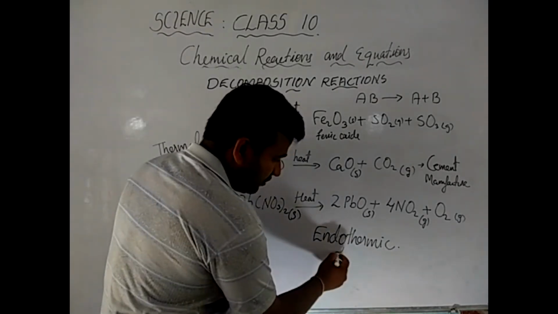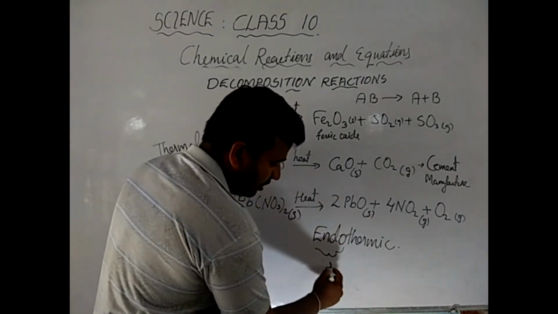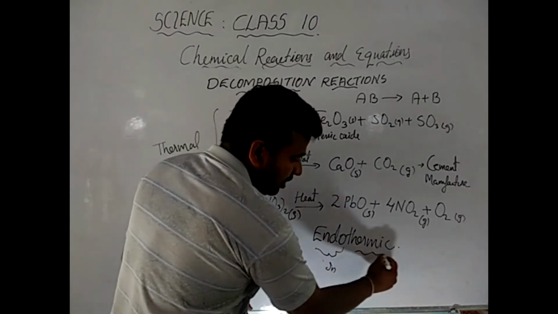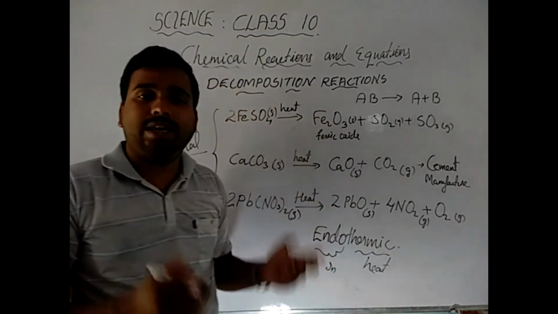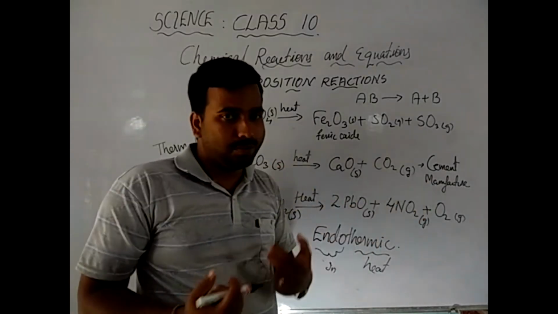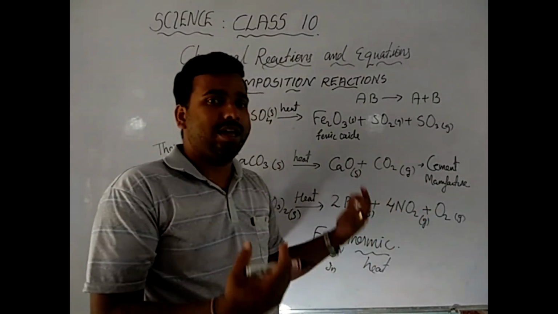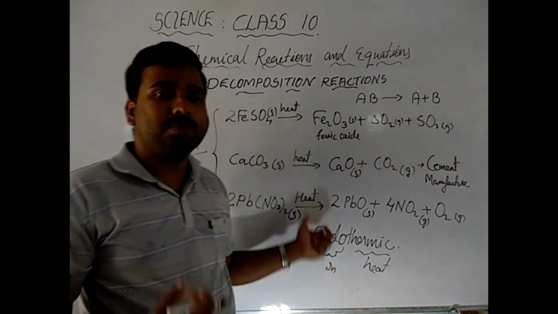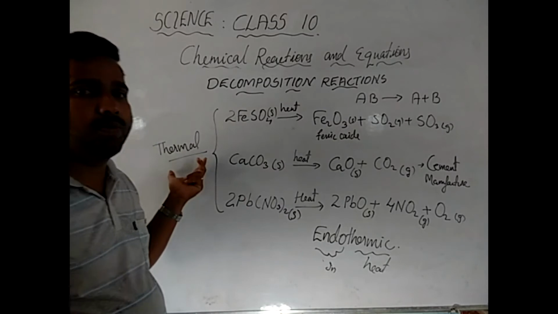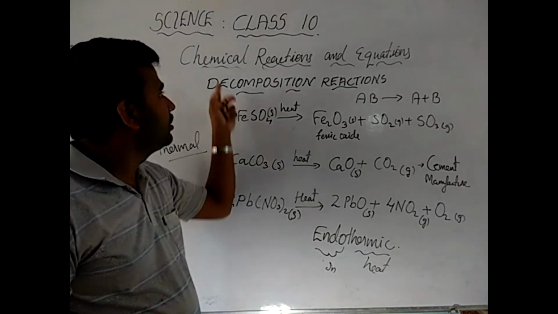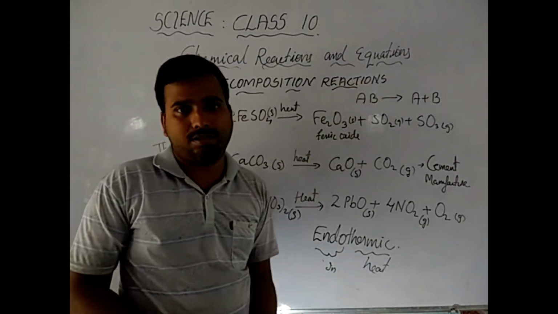Endo means in, it takes in. Thermic means heat. So in all these reactions, heat energy is absorbed. Energy is required in the form of heat energy. That is why these chemical reactions are termed thermal decomposition reactions.